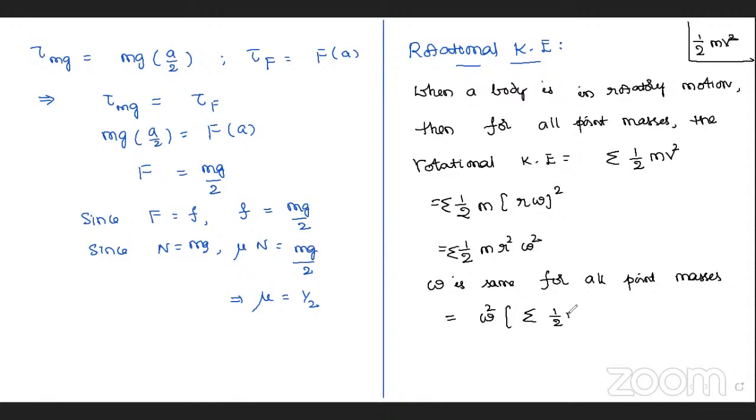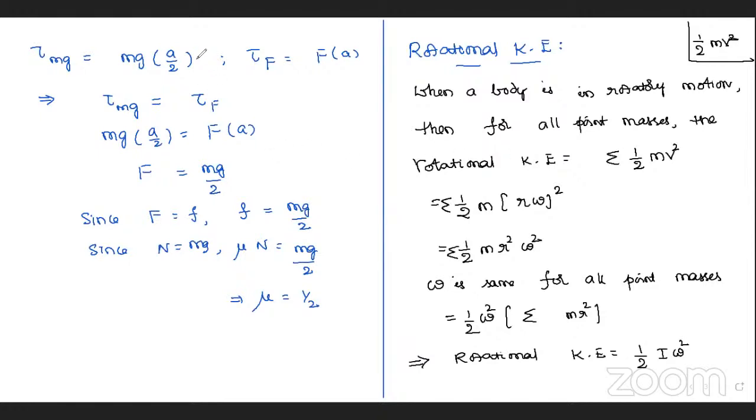Sigma half m r square. This one, even I think we can take half also out. Okay. So half omega square into sigma mr square, all of you know, moment of inertia. Therefore, the rotational kinetic energy I write here, half I omega square. This is the rotational kinetic energy.